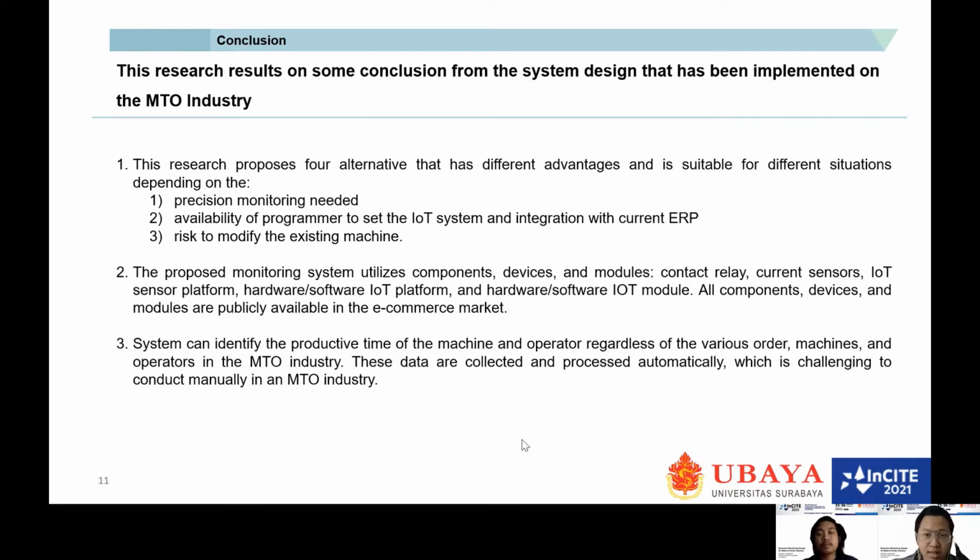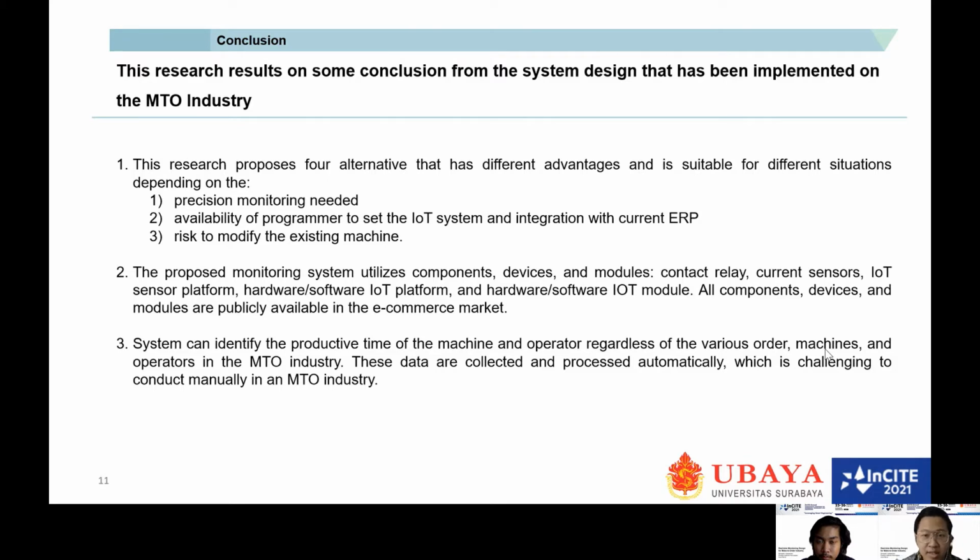In conclusion, there are three main points to summarize from this research. First, this research proposed four alternatives that have different advantages and are suitable for different situations depending on the precise level of monitoring, the availability of programmer resources, and also the risk of modifying the current existing machine.